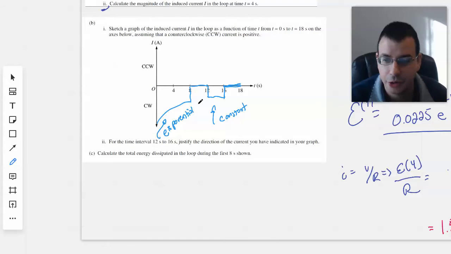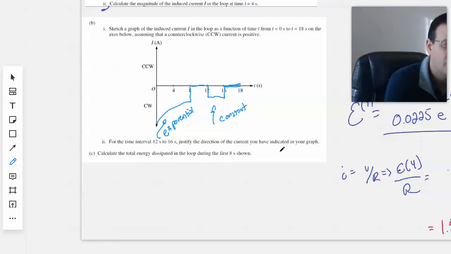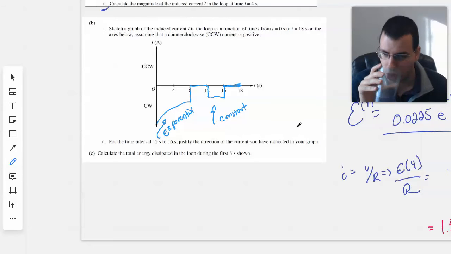For the time interval 12 to 16, justify the direction of the current you have indicated on the graph. Oh, so basically what we just did. Okay.